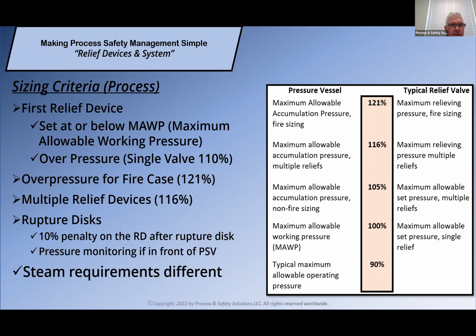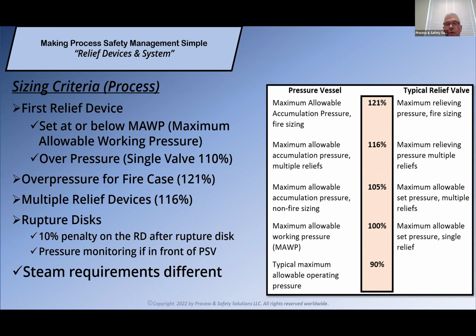The first relief valve must be set at or below MAWP, or the maximum allowable working pressure. Overpressure for a conventional valve cannot exceed 110% on a single valve in a normal relieving situation.